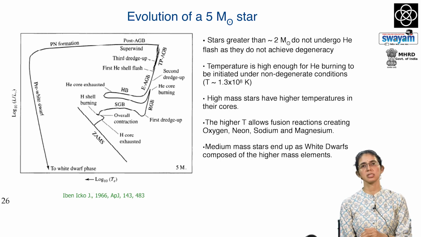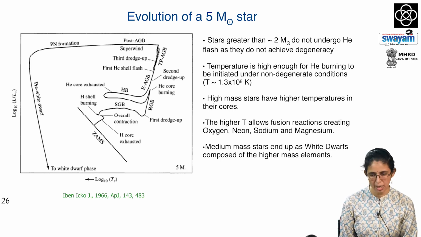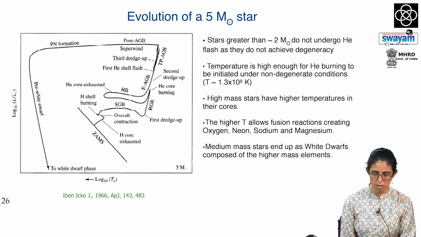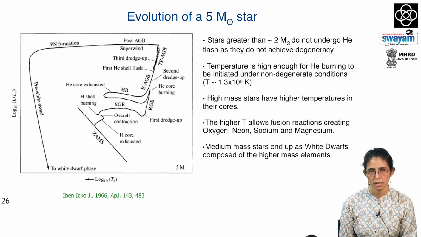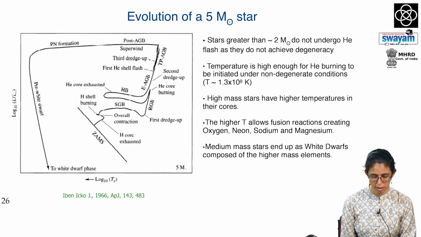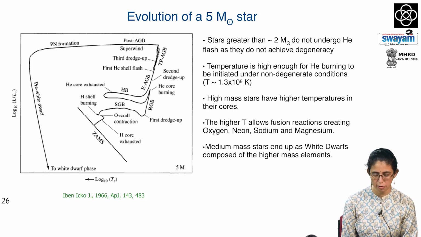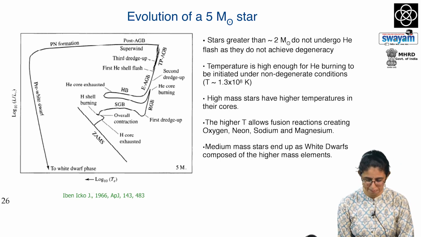Therefore, stars which are more massive than 2 solar masses are expected not to undergo the helium flash, but the path that they will take on the HR diagram is quite similar, as one can see in the HR diagram shown in this figure, which corresponds to the evolution of a 5 solar mass star.